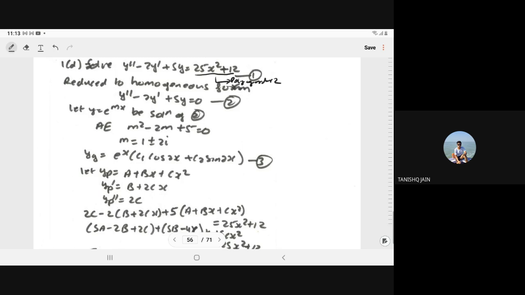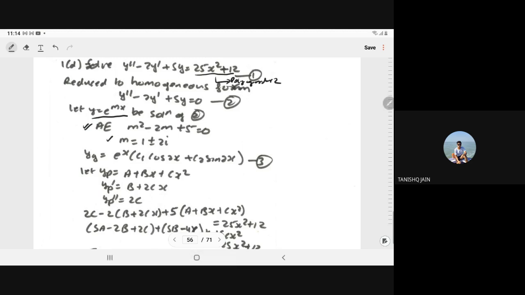and we know that it is a second order differential equation with constant coefficients, article 17. From article 17 we know that y is equal to e to the power mx is the solution of the homogeneous equation or reduced equation. Then we compute the auxiliary equation, which will be m square minus 2m plus 5 is equal to 0.